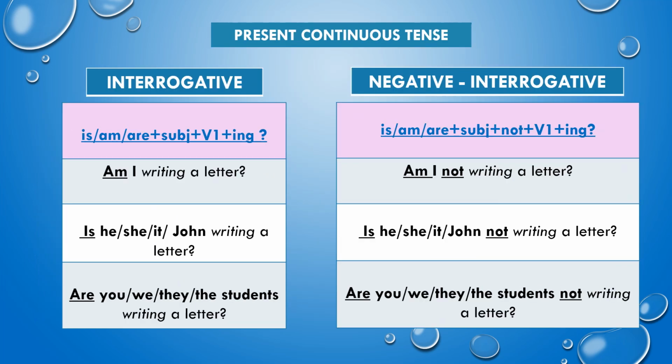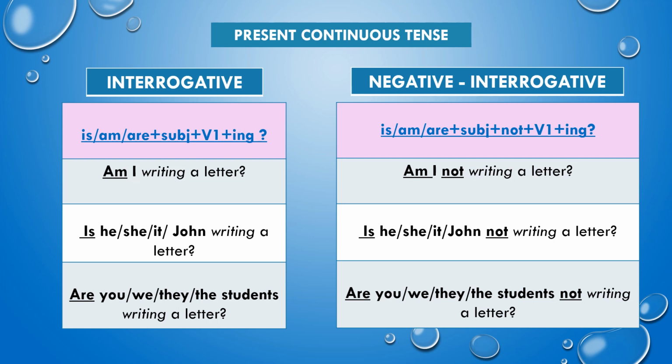The last two forms of present continuous tense are interrogative and negative interrogative. So the formula is, we have to start the sentence with is, am, are plus the subject plus verb plus ing. And the negative interrogative formula is, am, are plus subject plus not plus verb 1 plus ing.